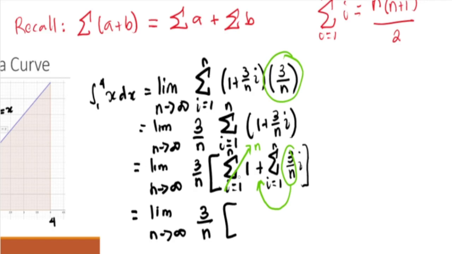As I've mentioned, this is equal to n plus 3 over n. Then the summation of i from 1 to n of i is n times n plus 1 over 2.